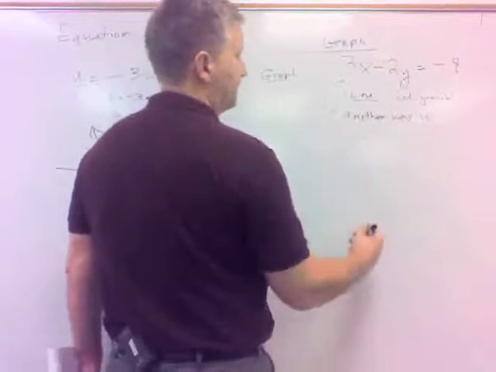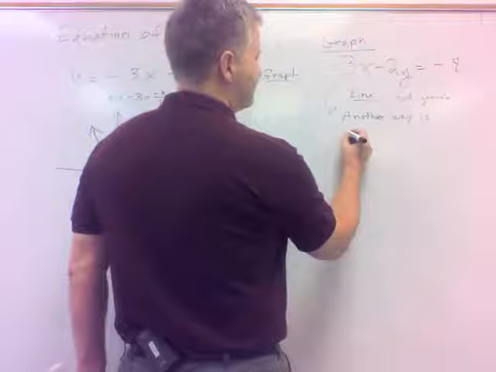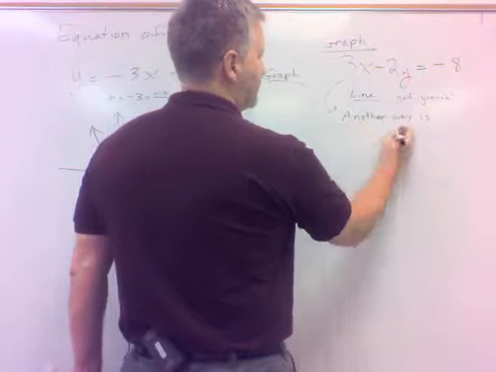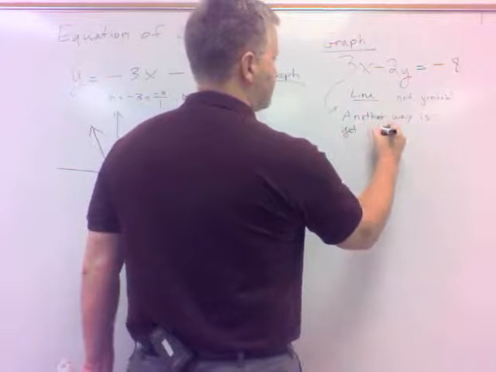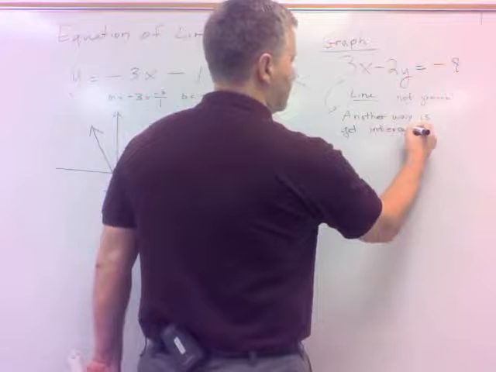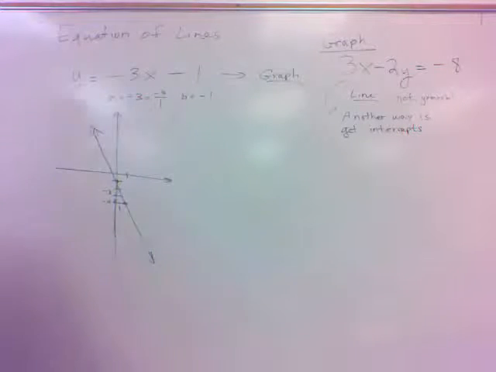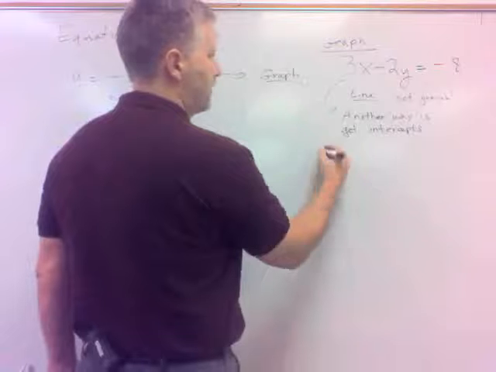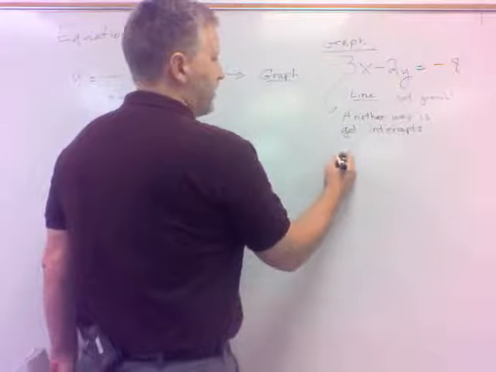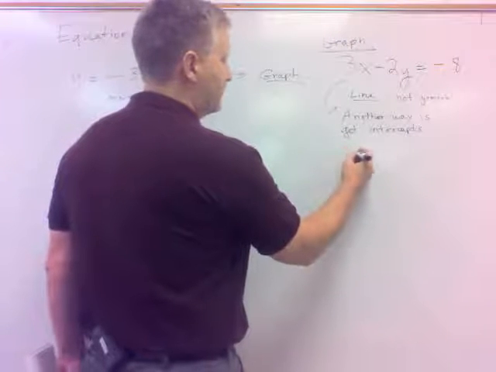But again, just to rehash the intercept thing, another way to do this one would be to get the intercepts. We can do this one the other way too, and I will probably here in just a second.